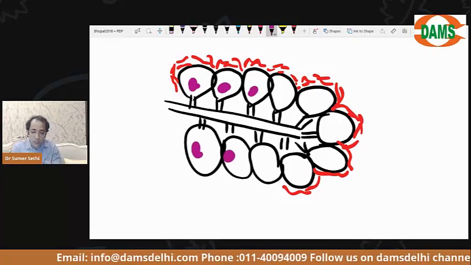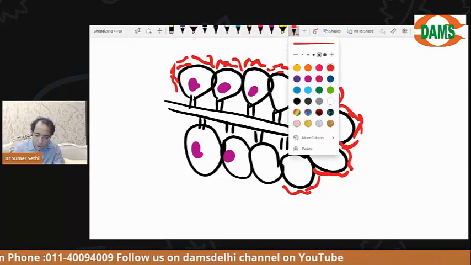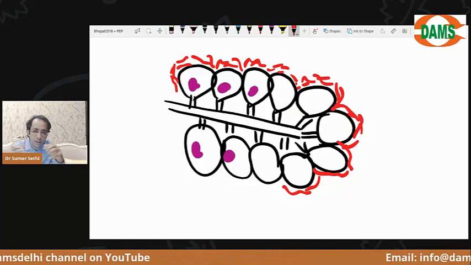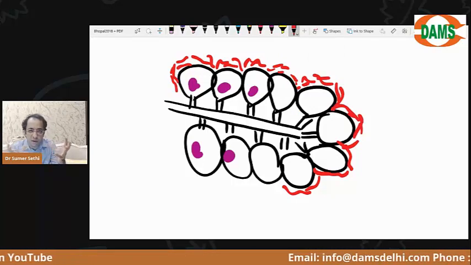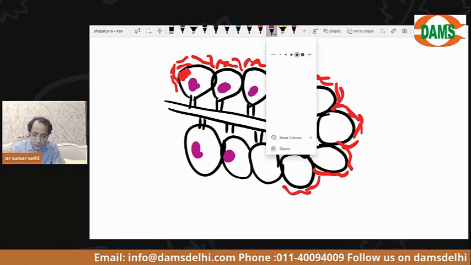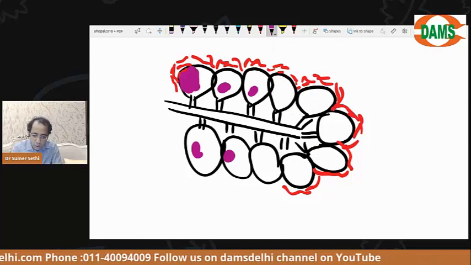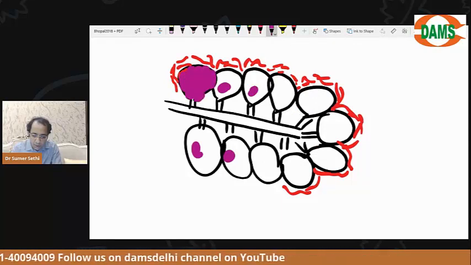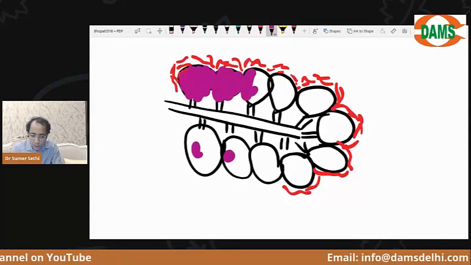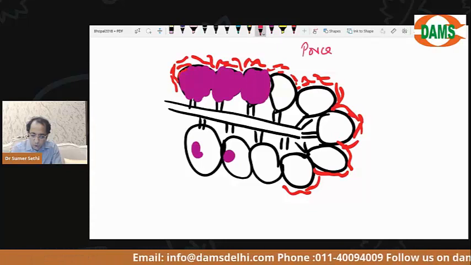What will happen is these capillaries will dilate, become hyperemic, and start leaking. That is what happens in inflammation. The leaky capillaries produce exudates, and this exudate will start filling up the alveoli, and the alveoli are all connected to each other by pores of Kohn.